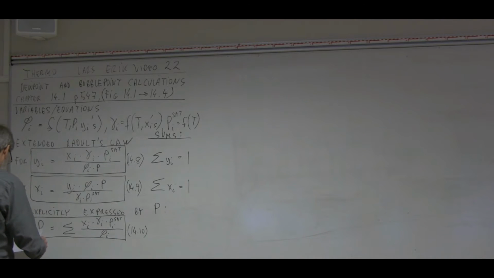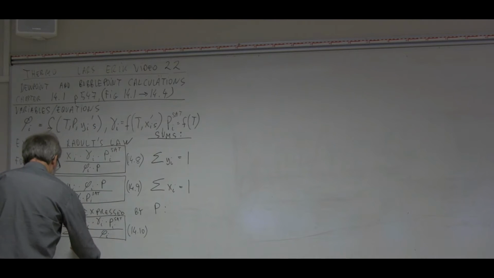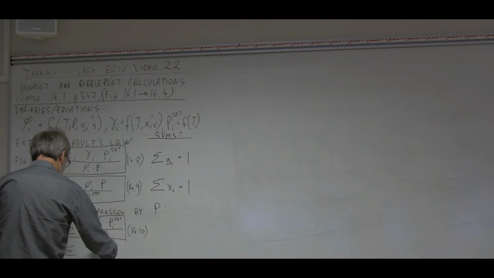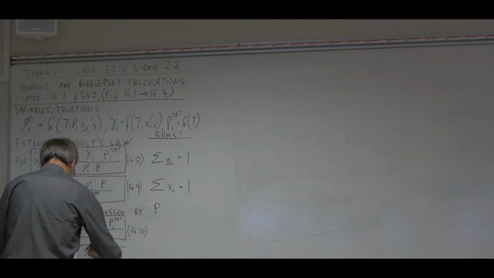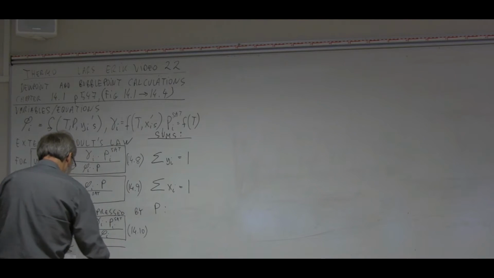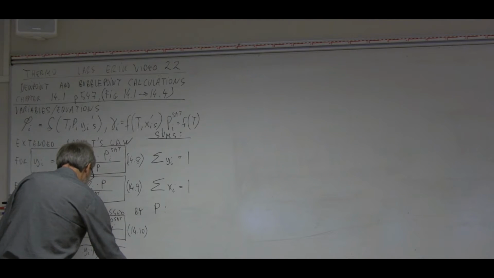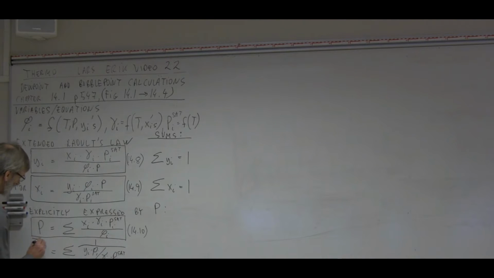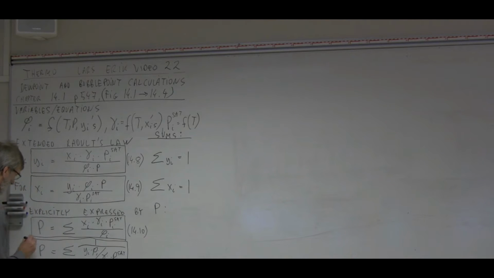And the last one is a similar equation with the sum of 1 divided by y times the fugacity coefficient divided by the activity coefficient and the saturation pressure for each component.